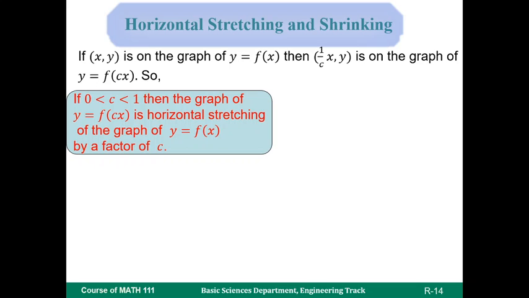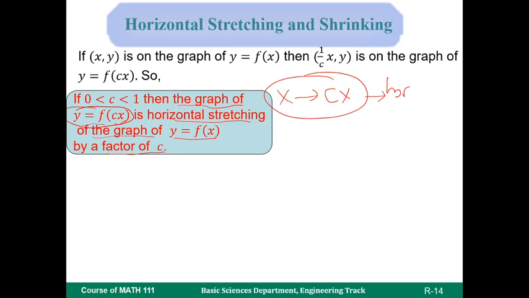Now, what does it imply? It implies this: if c is between 0 and 1, the graph of f of cx is a horizontal stretching of the graph of y equal to f of x by a factor of 1 over c. Now, the key thing you have to see here is that x is replaced by cx. If x is replaced by cx, then it will be a horizontal stretch or shrinking.